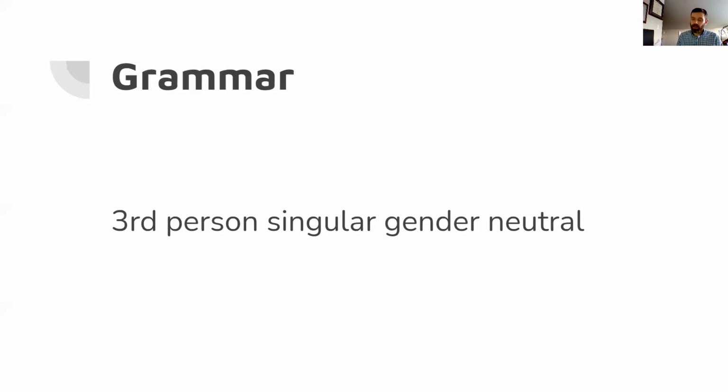And so that's the way that our grammar is changing, okay? That we're becoming more open to using third person singular gender neutral for a variety of situations. When the person's unknown, but also when the person is known, but we don't want to have to make that gender distinction.